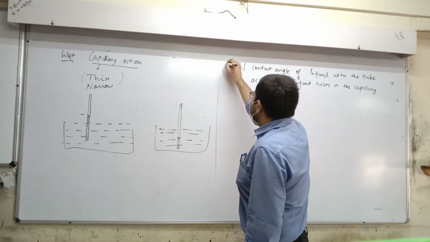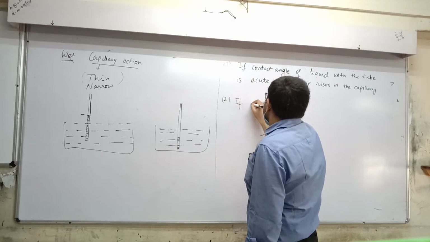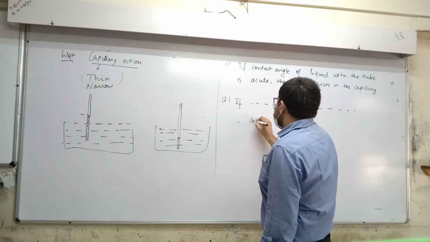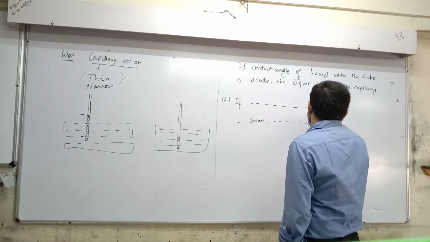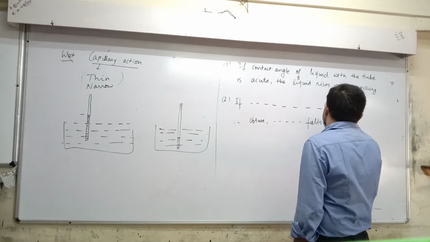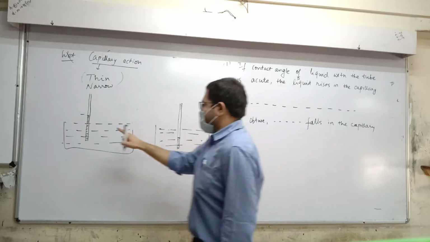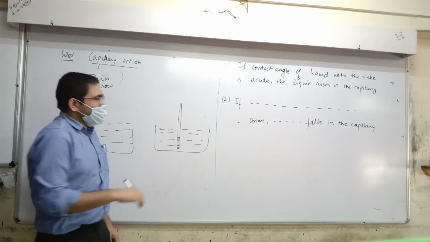And the other one, opposite of this. This is number one. Number two, if contact angle of liquid with the tube is obtuse, the liquid falls in the capillary. Did you understand these two sentences? Draw diagrams next to them, or at least below them. And there is one third sentence also which is actually the easiest one.